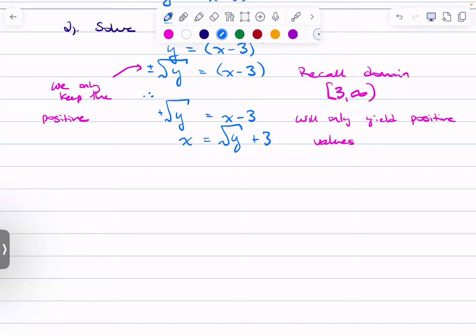Good. So then we've solved for x. Now we need to rewrite our x as our y and our y as our x, just to conform to that typical notation that we use. And so rewrite x as y and y as x.